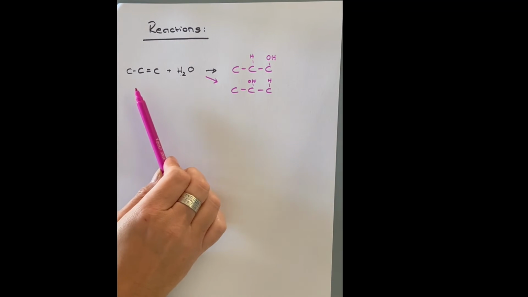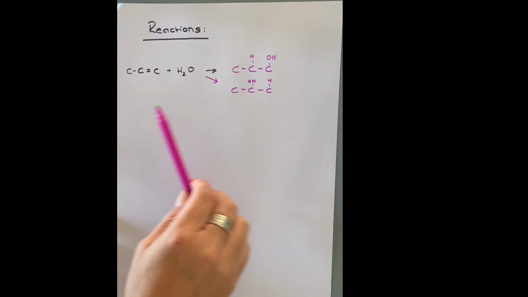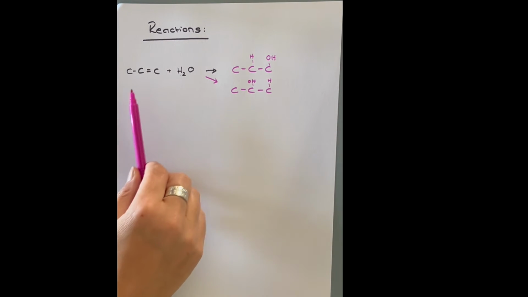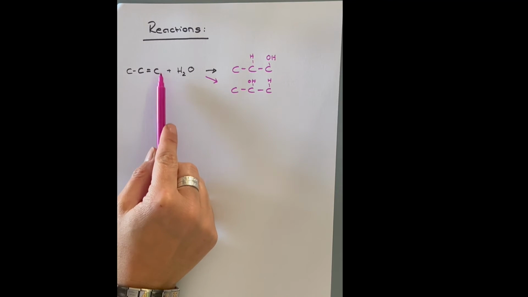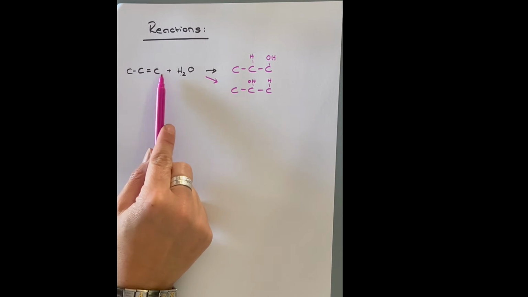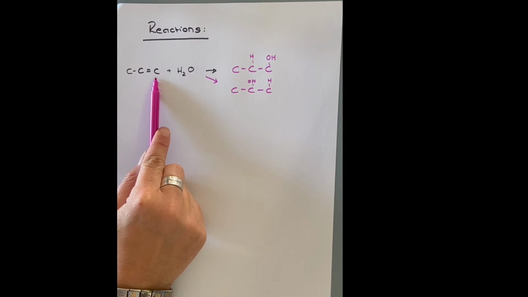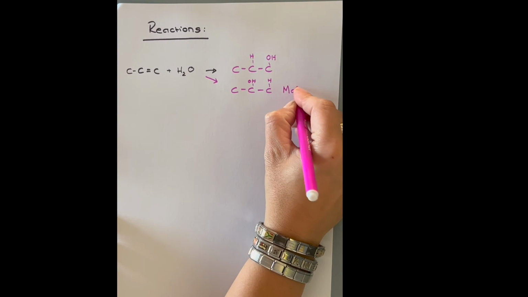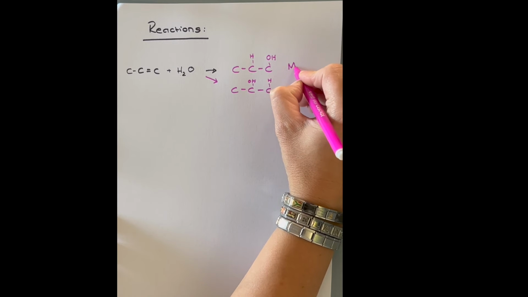And when we follow Markovnikov's rule, the major product is going to be the product that's followed this rich gets richer rule. So this one had 2 H's to start with. This one only had 1 H. If the richer one gets another H, we call that a major product. And that one is a minor product.